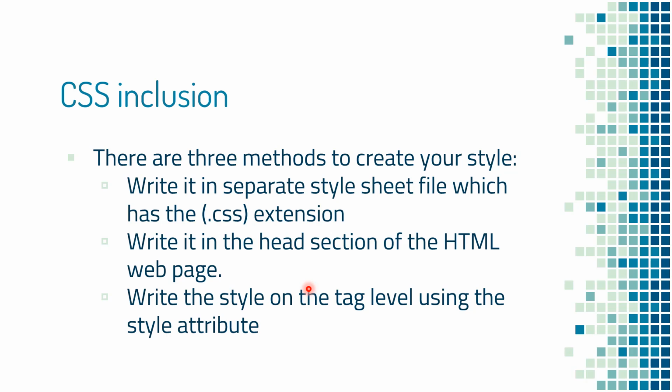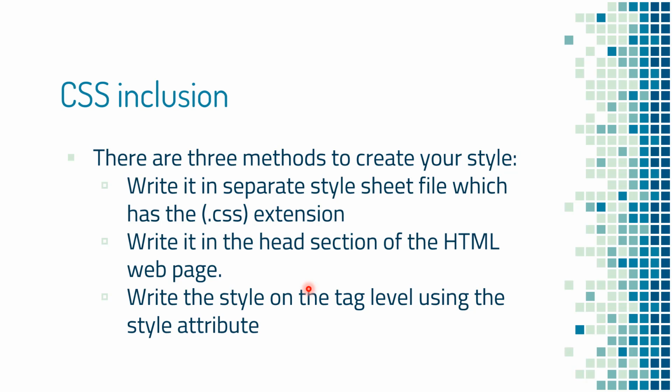But before we go deep into how to bind these things together, we have to understand how to include CSS. As I said, CSS is completely different than HTML. So how do we make them work together? In this case, there are 3 methods to create your own style, or to include your style in your project.